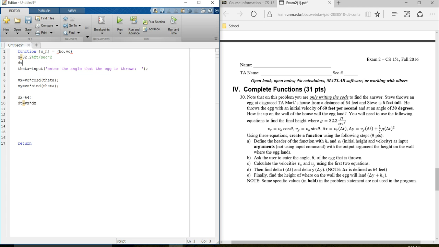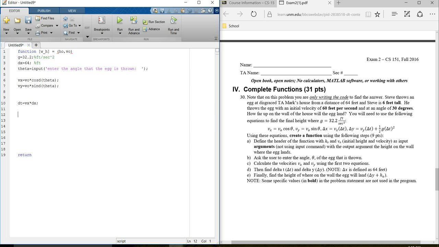And I'm actually going to put dx up here, 64 feet. dt is equal to vx times dx.